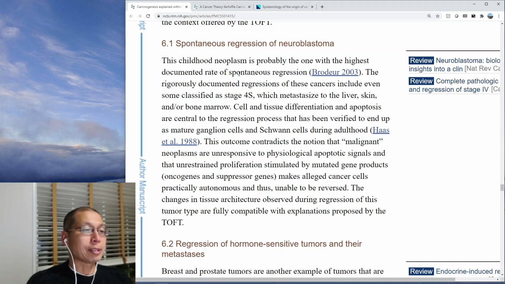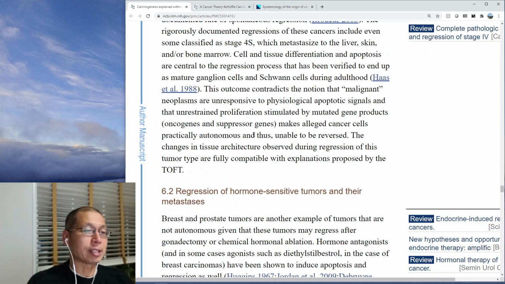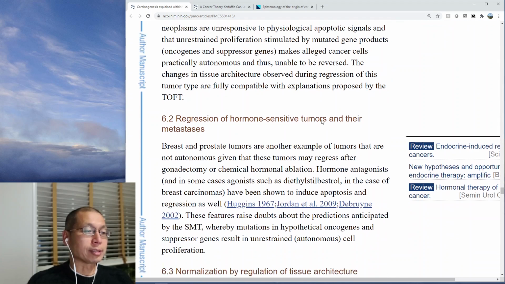So neuroblastoma is a very common childhood cancer that spontaneously regresses often, and so that spontaneous regression should not happen if it's a mutated cancer cell that's causing it. But there's a fairly high rate of spontaneous regression of this neuroblastoma, which the TOFT theory people say is because the development normalizes.